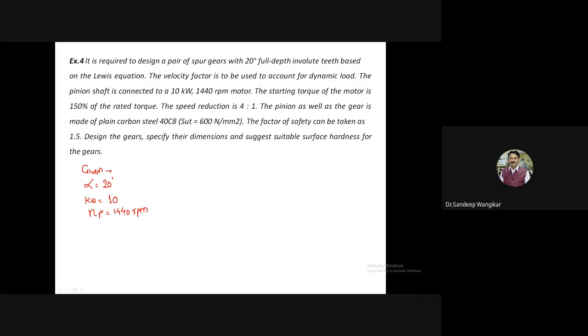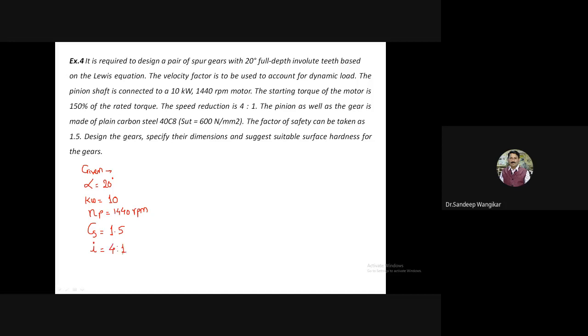Then the starting torque of the motor is 150% of the rated torque. It is nothing but the service factor given. I will say here service factor as 1.5. The service factor is nothing but the starting torque divided by the rated torque, so 150% means CS is equal to 1.5. The speed reduction is given as 4 to 1. The speed reduction, velocity ratio, I will denote it by I, so I will write it as 4 to 1.